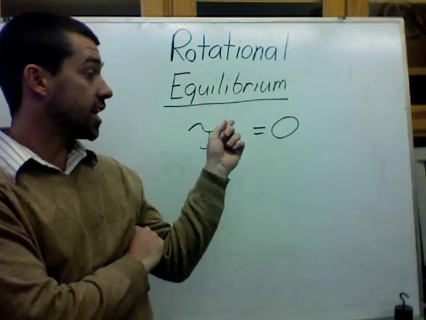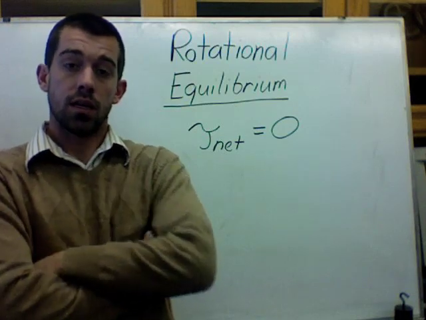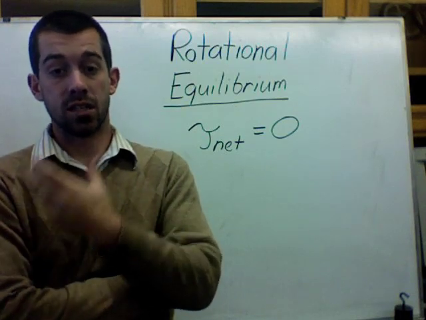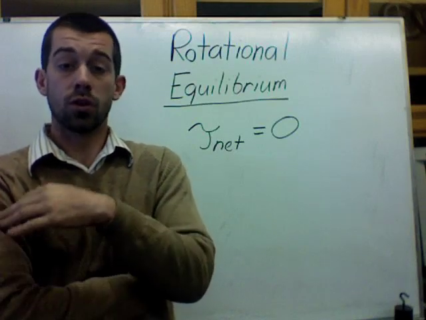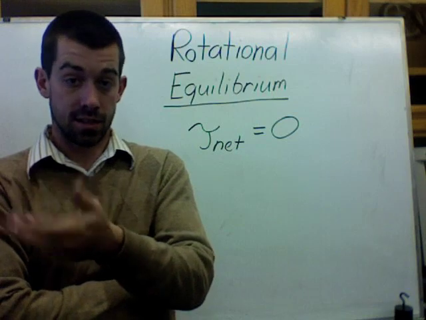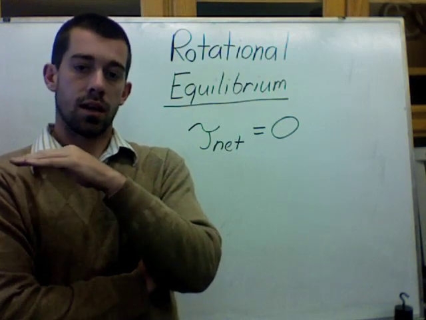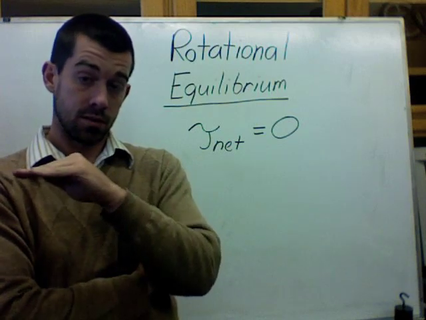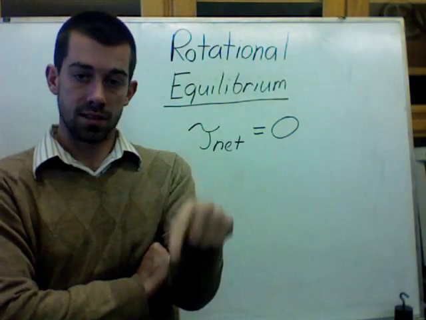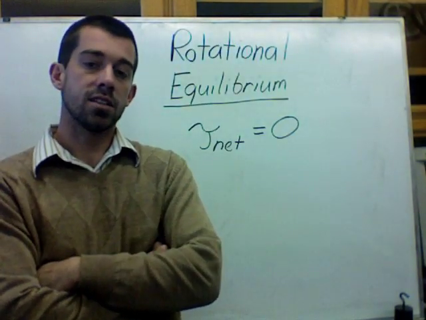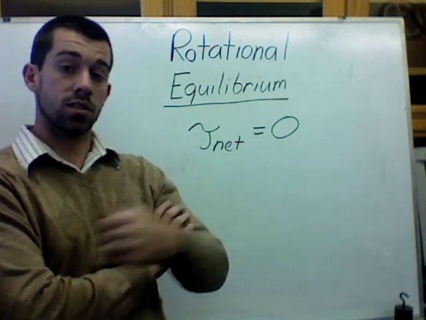Today I'm going to be talking to you about rotational equilibrium. Rotational equilibrium is any time that an object is not accelerating in a circle. In order for an object to be not accelerating in a circle, in other words, to be stopped and not spinning at all, or to be spinning at constant speed, we need to know that the net torque is equal to zero.